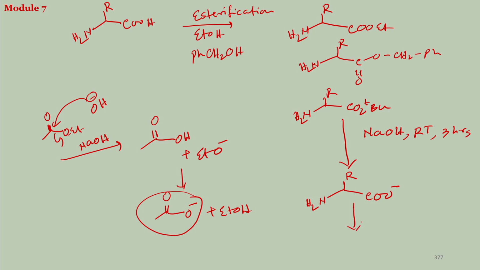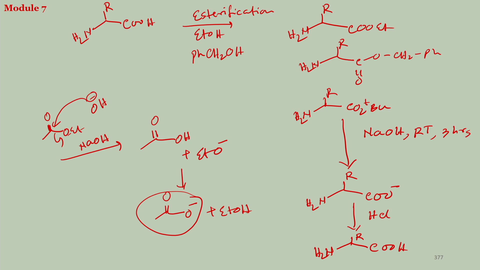and then you have to neutralize this using hydrochloric acid. We usually use 1 normal hydrochloric acid, that will depend upon your substrate and how much amount is there. So, you have to acidify it, that will give you the carboxylic acid.